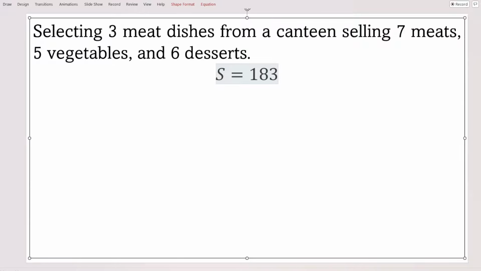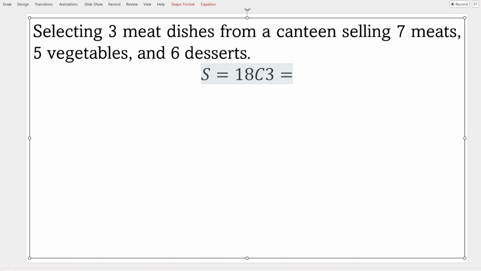So what we are dealing with here is a combination problem because again you're going to select three. It does not matter what you select first, it does not matter what you select last. What matters is that you select a total of three items from the choices. So this is 18 combination 3.